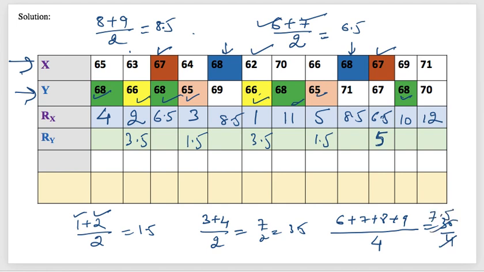So we are going to assign 7.5 to all the 68 entries. That means the 6th, 7th, 8th and 9th positioned entries got an average rank, and all got 7.5.